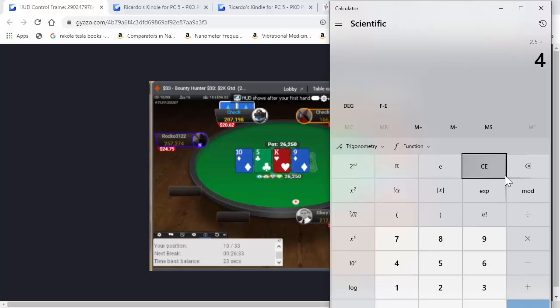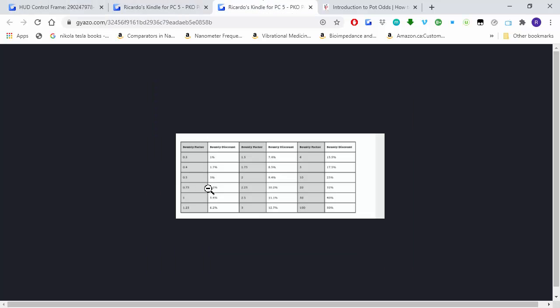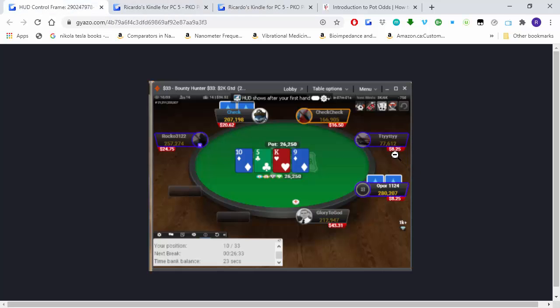So 2.5 divided by 4. Same thing, very little. So the guy has 3 divided by 5. 2.6. So all these guys have bad bounty factors that aren't really worth going after too much.